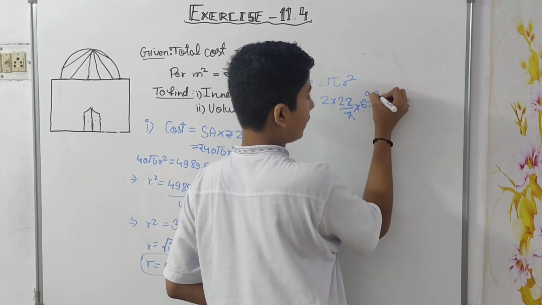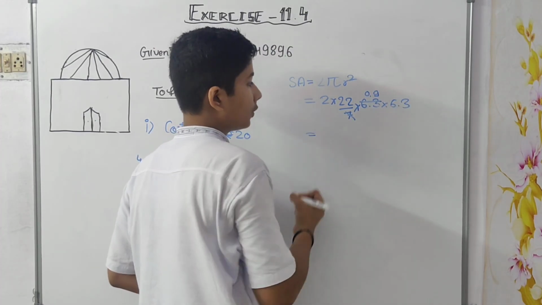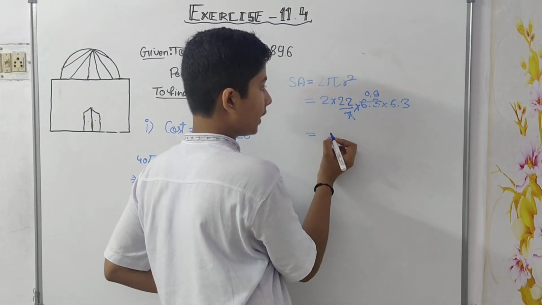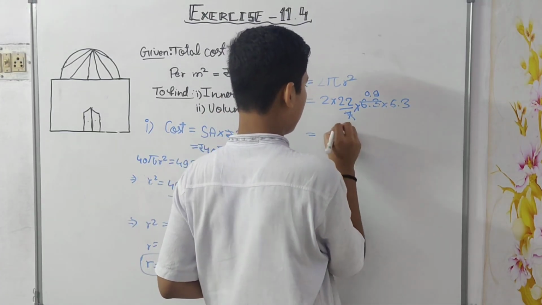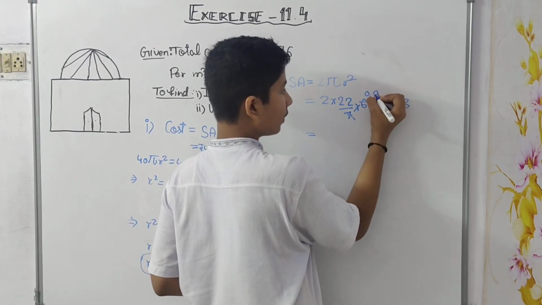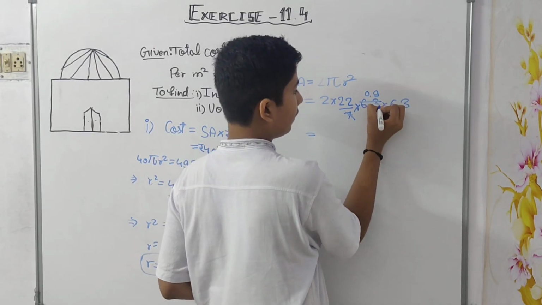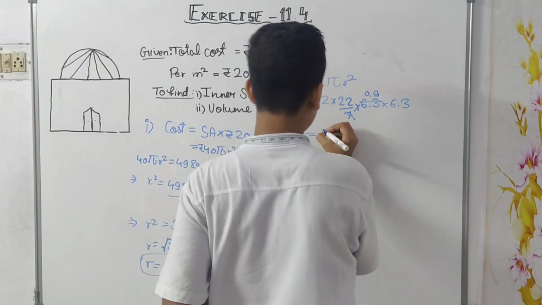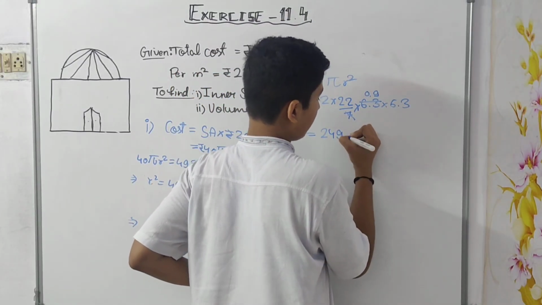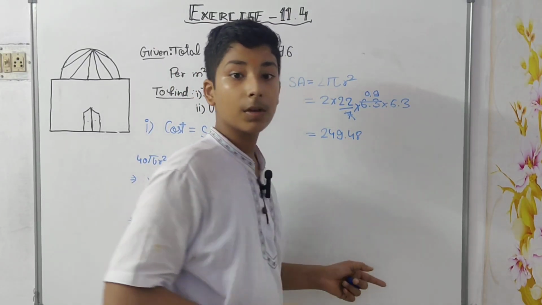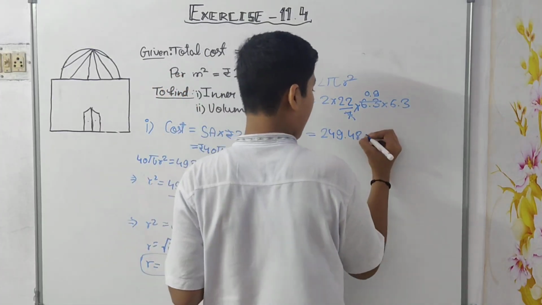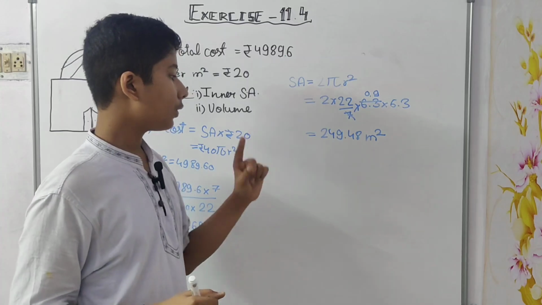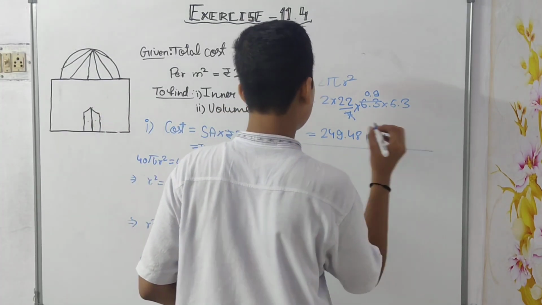The 7 will cancel with 6.3, giving 0.9, so 6.3 into 0.9 and this would be 1.8. When we solve this, we get the answer 249.48 meter square. This is our answer for the first part.